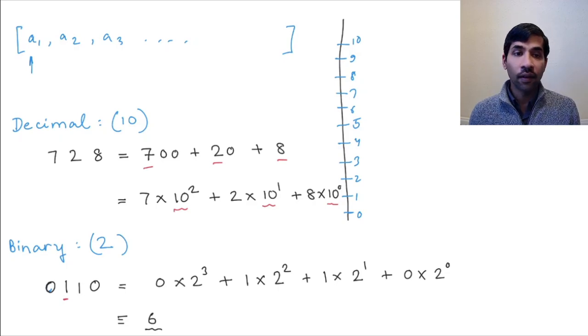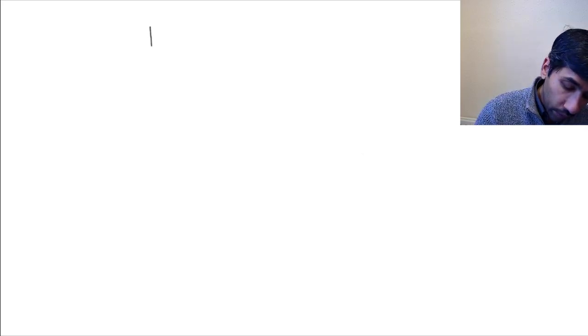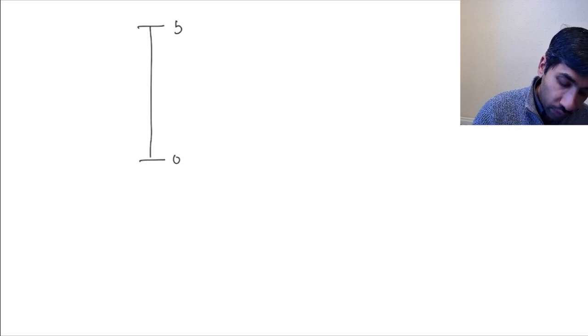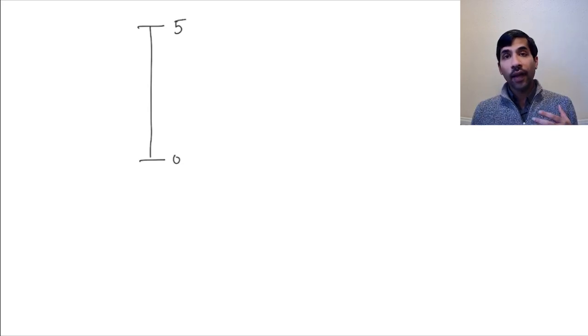Okay, so in digital systems, we generally use the binary number system. And why do we use the binary number system? Now let's think about this. If you have a system, and let's say the power supplies of your system are 0 volts and 5 volts, here's what I'm going to do.